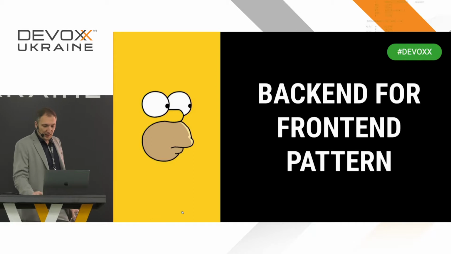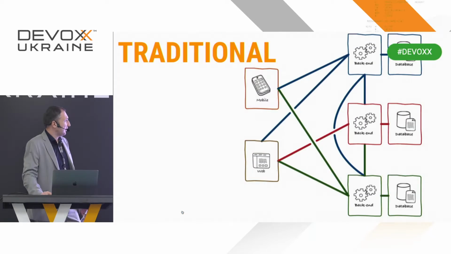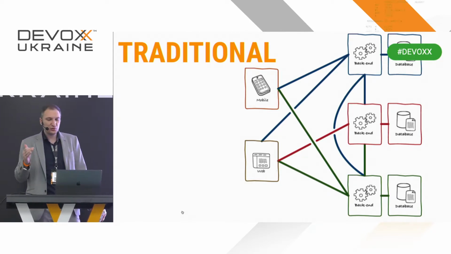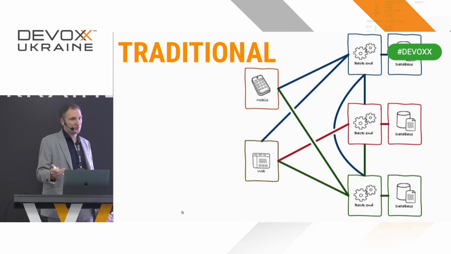So, regarding the backend for frontend pattern, I should say several words because it's related to the name of my topic. Right now, in the traditional way, you have different backends with different databases for different clients, or maybe the database will be shared, but usually in the traditional way, as implemented before the ideas from Netflix, you had a requirement to re-implement features again and again in different source code.